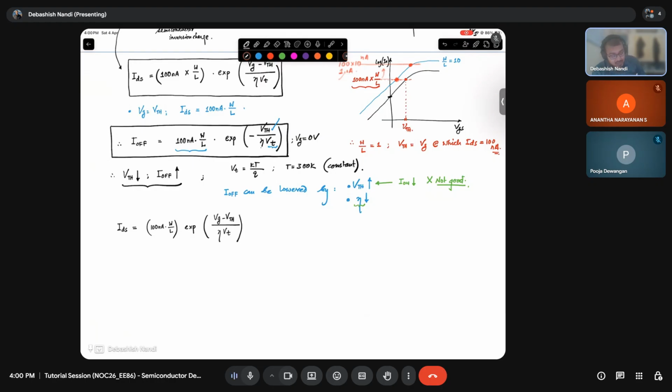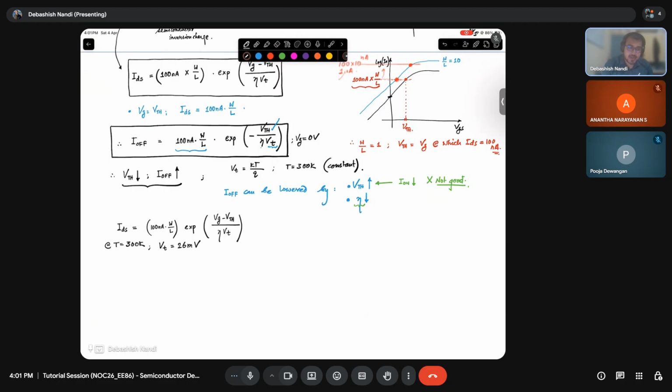Right now, if I increase Vg, let's say T equal to 300 Kelvin, that means room temperature. Let's go step by step. So what is your Vt? 26 millivolt, right?